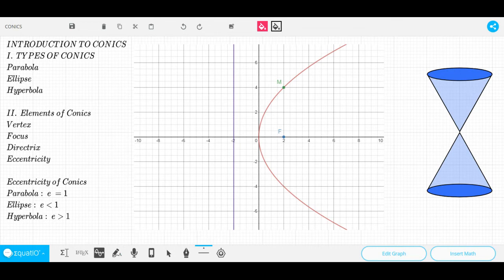The vertex of the parabola, being the center of the parabola, will represent the midpoint between the focus and its orthogonal projection.